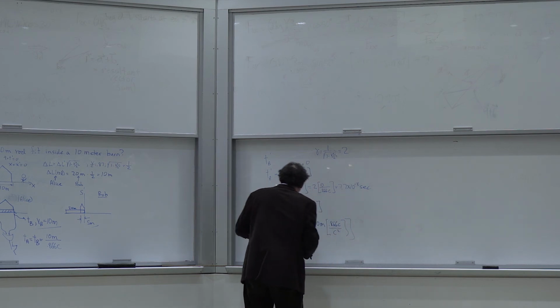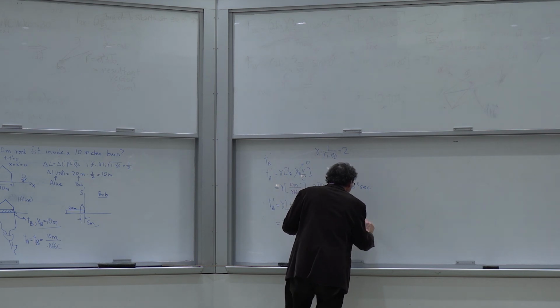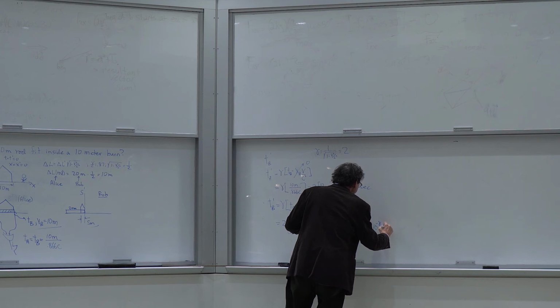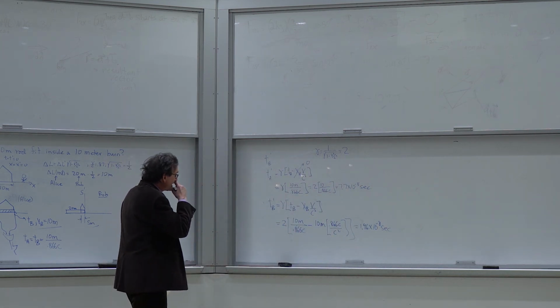I evaluate this, and I get that this number is equal to 1.96 times 10 to the minus 8 seconds. Right? So this is 0.866 times 10 to the minus 8 seconds.